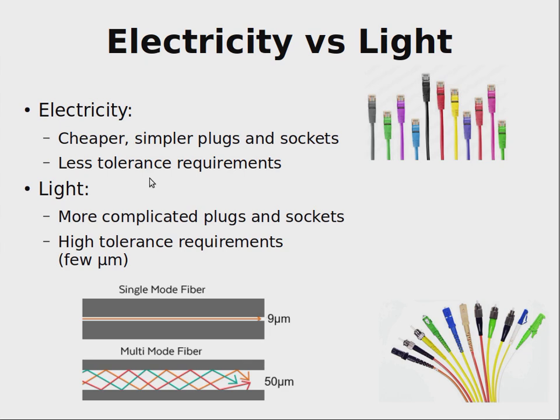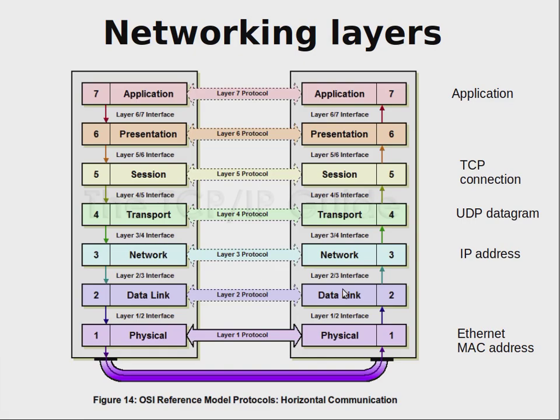This is single mode, but it is much thinner, so much bigger precision is required, and such cables are much more expensive. And even with that, usually you need to have repeaters after a few kilometers of these single mode fibers.